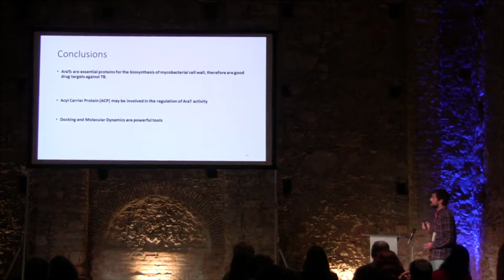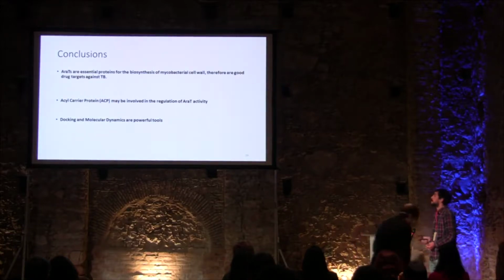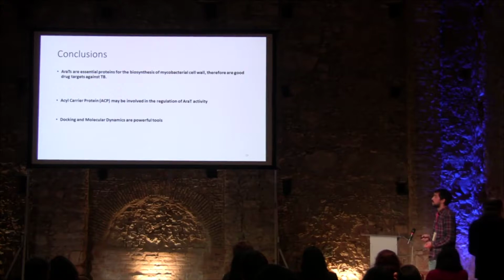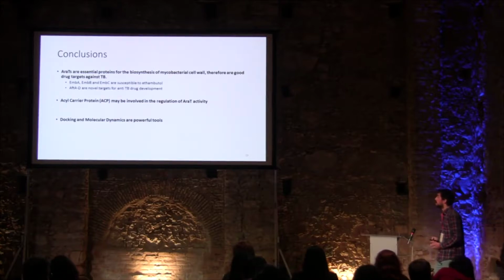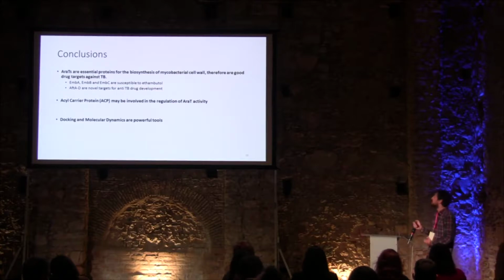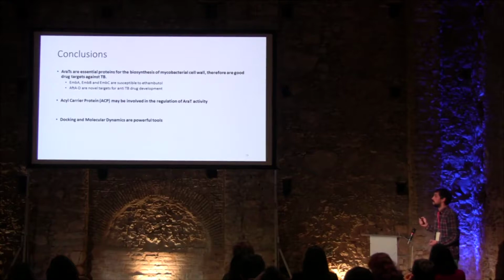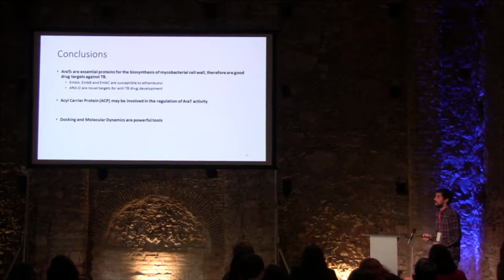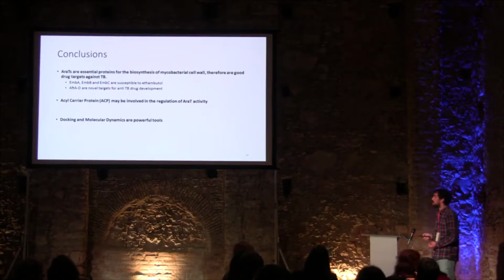So the take-home message is that the proteins in this family are essential for biosynthesis, and even though Embs are already susceptible to ethambutol, with these types of studies we can get more insight, maybe improve the drug, and maybe make specific alterations to the compound to make it more efficient.